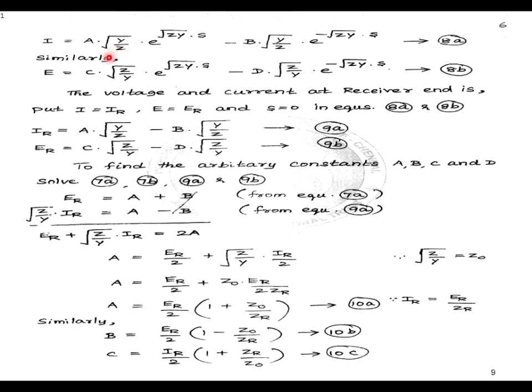So we get root of Y by Z. So I equal to A into root of Y by Z into e power root of ZY S minus B into root of Y by Z into e power minus root of ZY S.